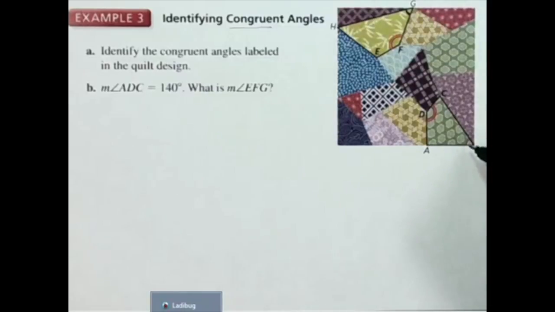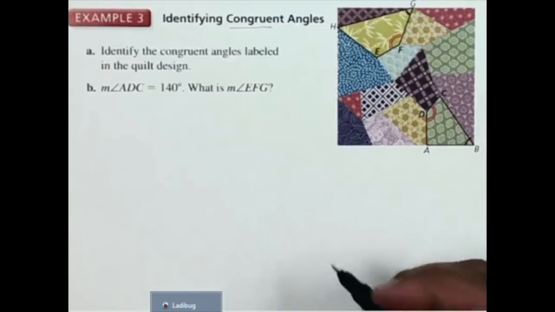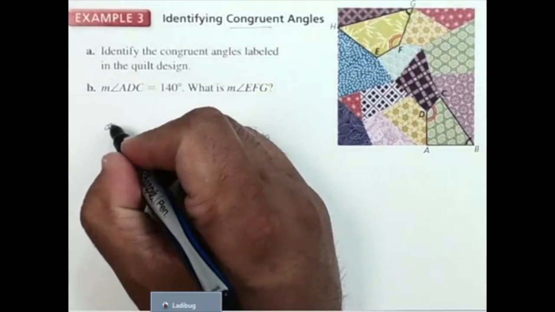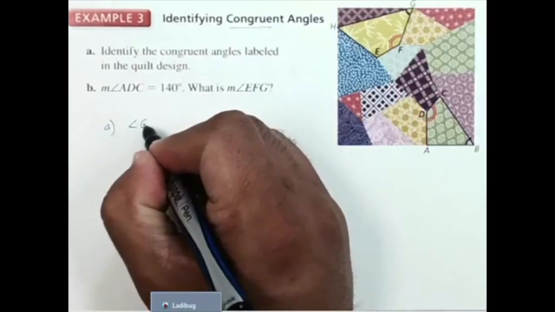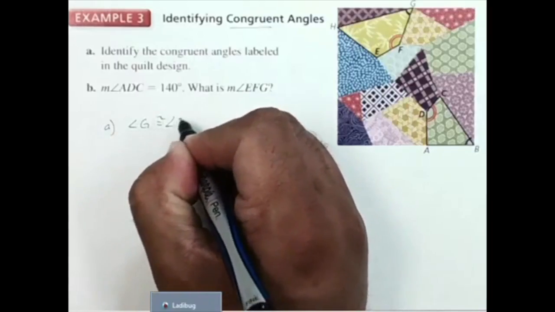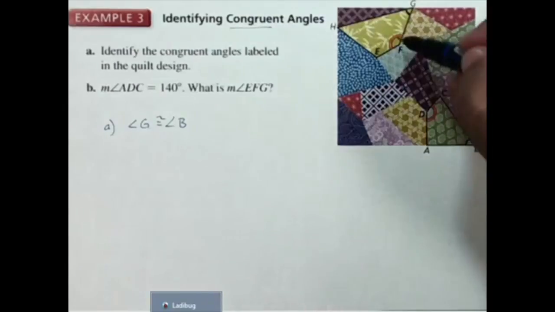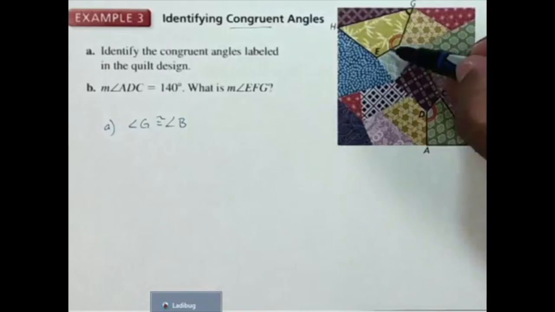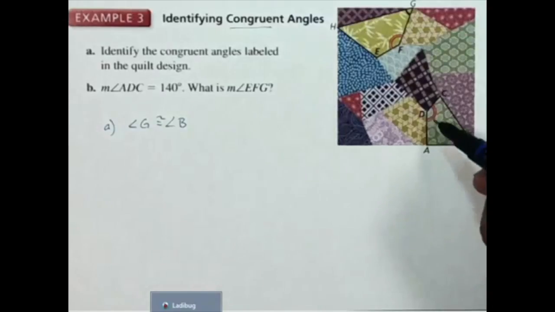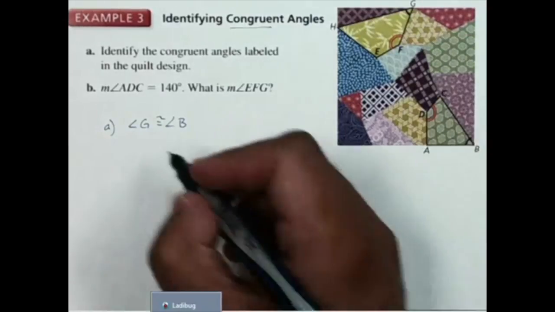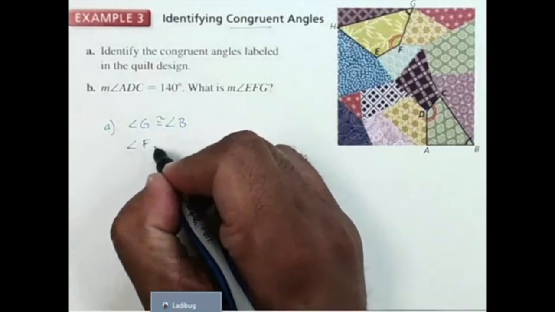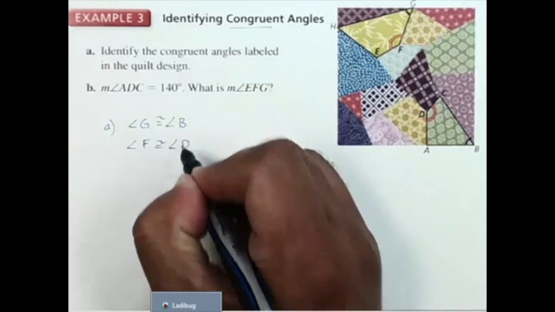And it might be a little hard to see on the screen, but angle B here also has one tick mark. So for part A, I would say angle G is congruent to angle B. And then F right here has two arches, and angle D has two arches. So that would mean that angle F is congruent to angle D.